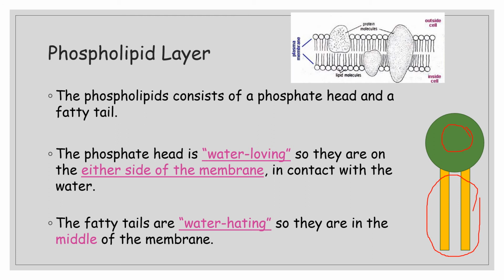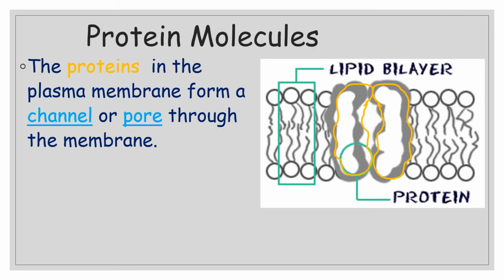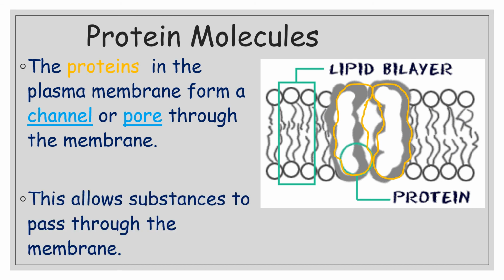So they are in the middle of the membrane. So they're the kind of filling of our sandwich, so to speak. And our protein molecules, the ones that go all the way through our plasma membrane, can be channels or pores through the membrane, allowing molecules or substances to pass through the membrane. That can be into the cell or out of the cell, depending on the substances involved.